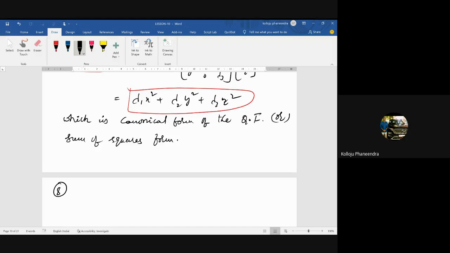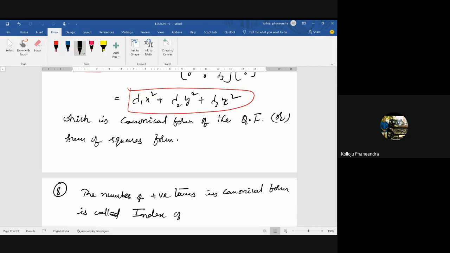The number of positive terms in the canonical form is called the index of the quadratic form.